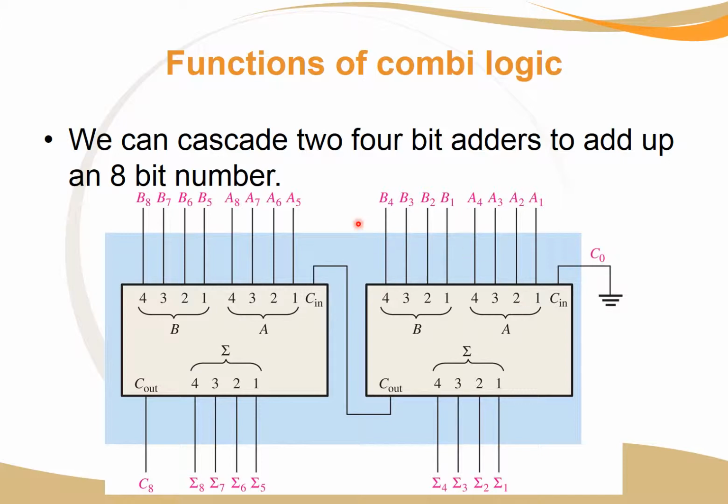And then we wire them up in parallel like this, where you would have the upper nibble of one binary number, the lower nibble of one binary number, the upper nibble of the other binary number, and the lower nibble of the other binary number. And then this would be the carry out, and these are the results. This would be the result of the addition. Bearing in mind, from the one IC to the other, we have this carry out, which becomes the other IC's carry in.